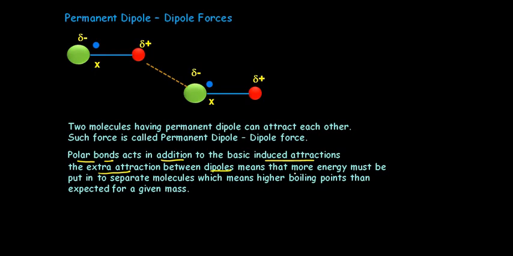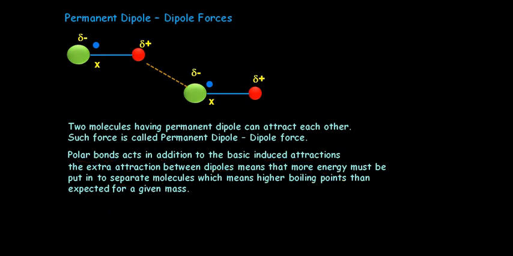And so we need more energy to separate such molecules. That is, separation of molecules is actually the boiling of that compound. So as higher energy is needed to separate such molecules, the boiling point will also be higher for such molecules for the given mass.